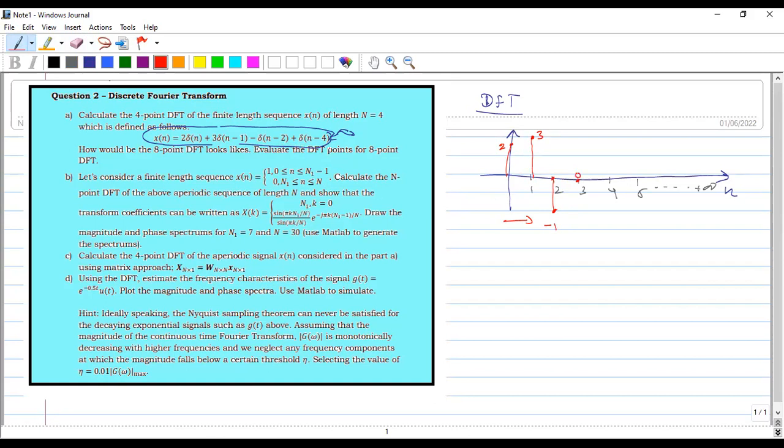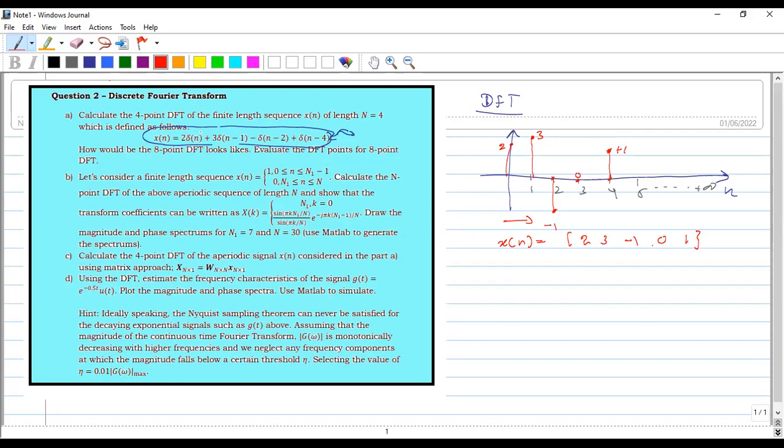Here we have n minus 4, that means we have another impulse, that is plus 1. So this is our impulse. If I write the sequence, it will look like this: 2, 3, minus 1, 0, plus 1.